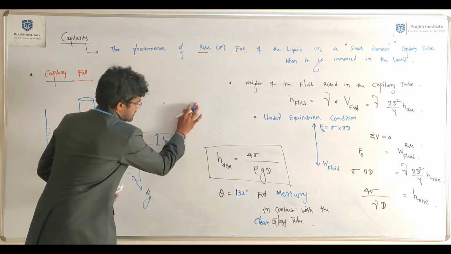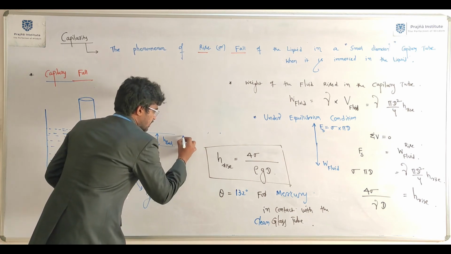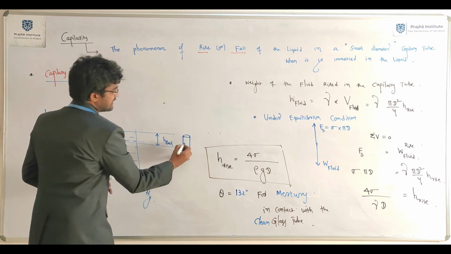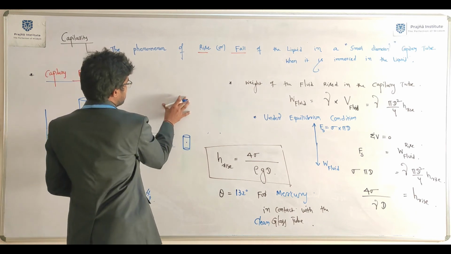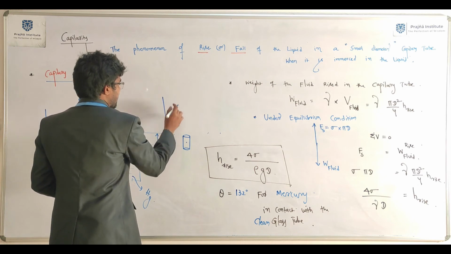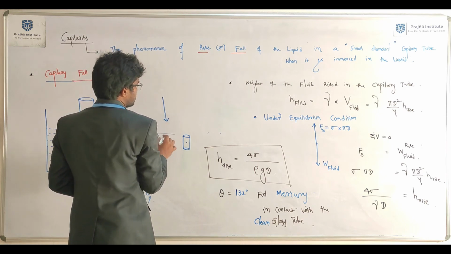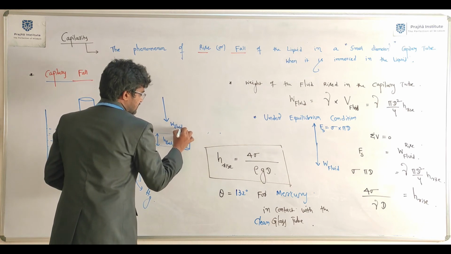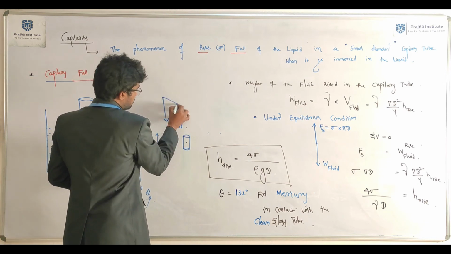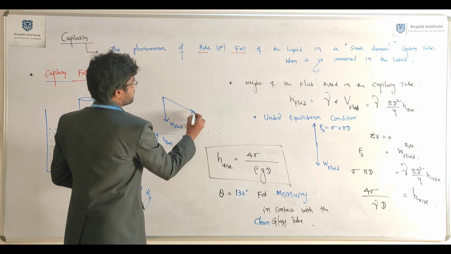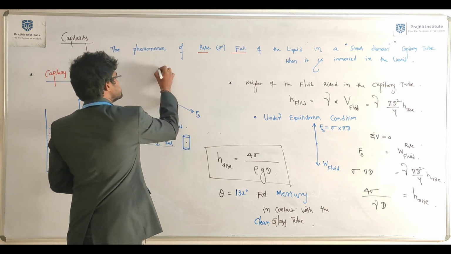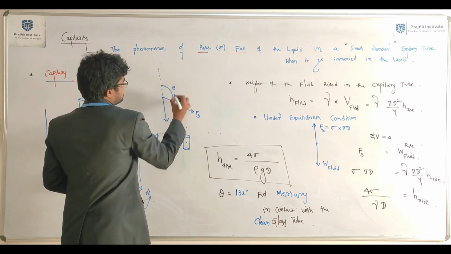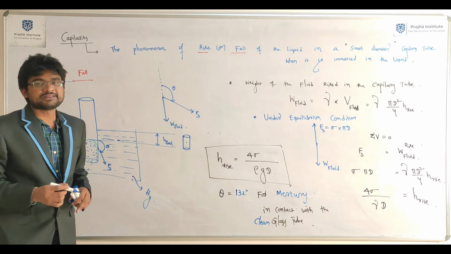Now you need to take the weight of the fluid covered within the cylinder. That weight is acting vertically downward, and this Fs is making an angle theta with the vertical.